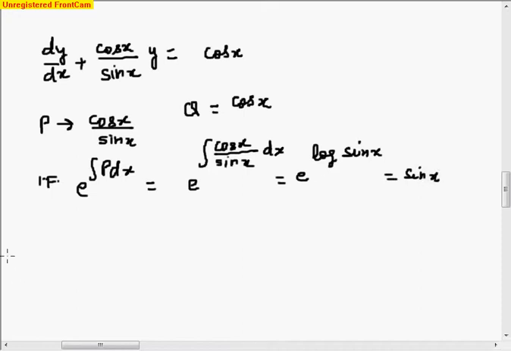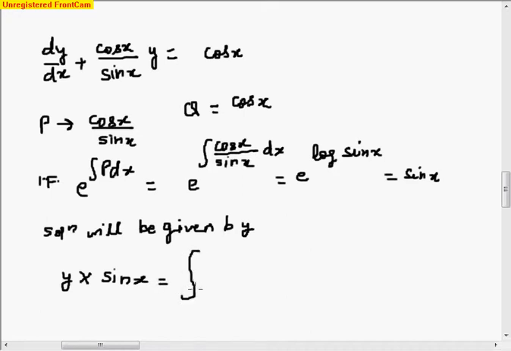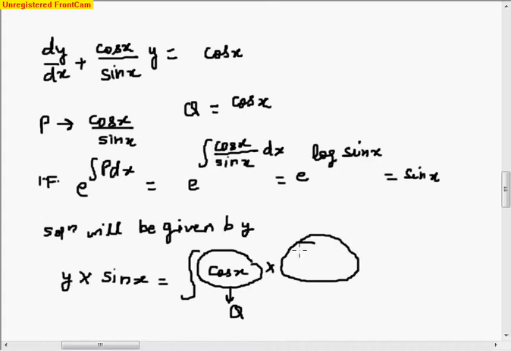So my solution will be given by y times the integrating factor, that is sin x, is equal to the integration of q. Q is cos x, into the integrating factor. What is your integrating factor? Sin x. This is your integrating factor, dx plus a constant of integration, say a.